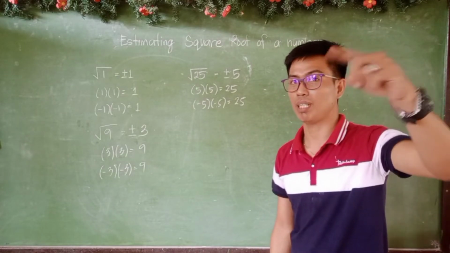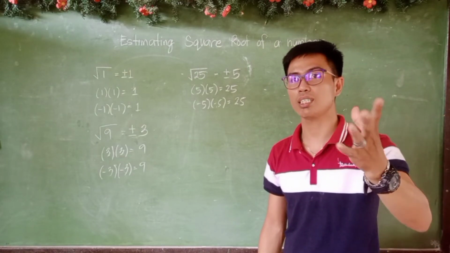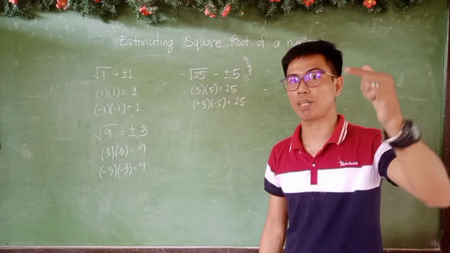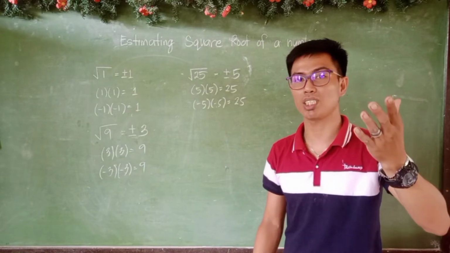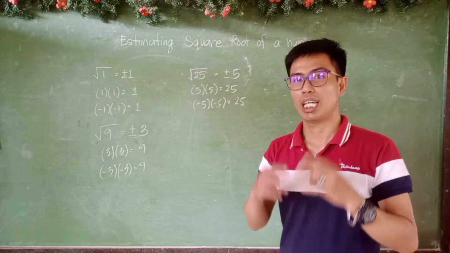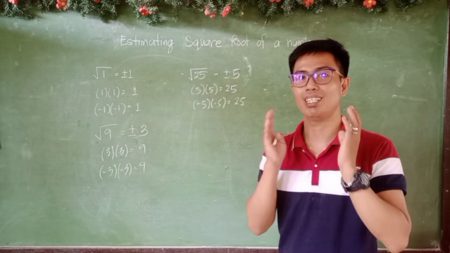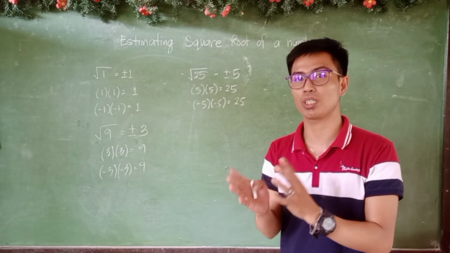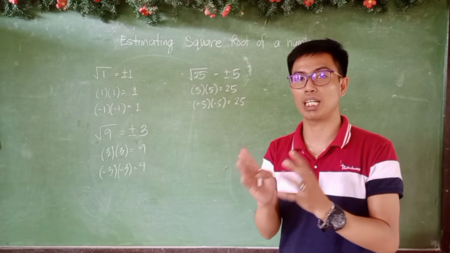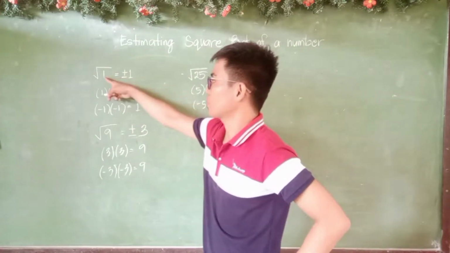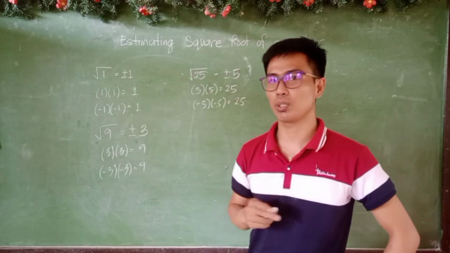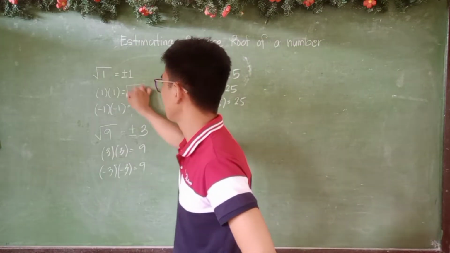Isang positive at isang negative. In this session, we're going to use the positive roots only. Ang positive roots, these are called the principal root. Yung principal root ay yung mga positive root lang nung given. Square root of 1, the principal root is positive 1.